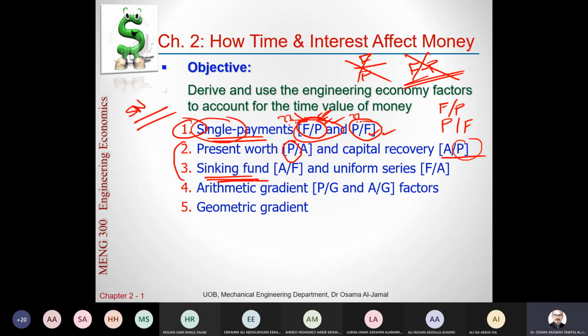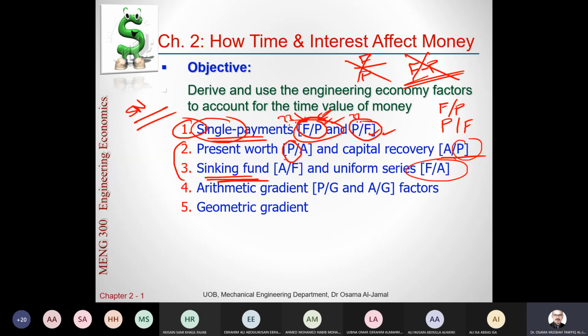So how much to put per year? That's the sinking fund. And finally, a uniform series. F given A. F given A, which means what? How much we are going to have in the future if we put this much per year.